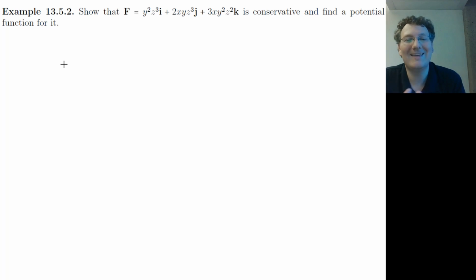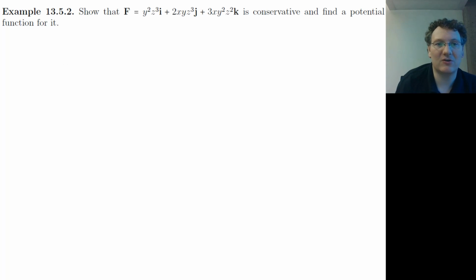So if the curl is zero, then it's conservative. Let's find the curl. It's going to be the determinant of the i vector, j vector, k vector, and then the partial with respect to x, partial with respect to y, and the partial with respect to z.